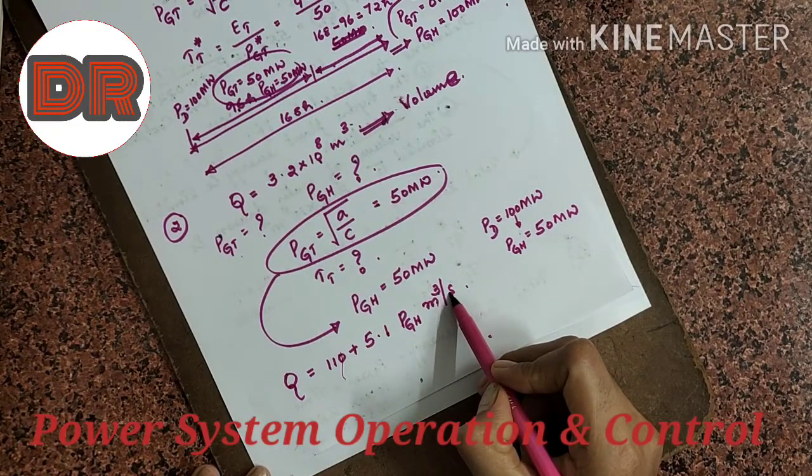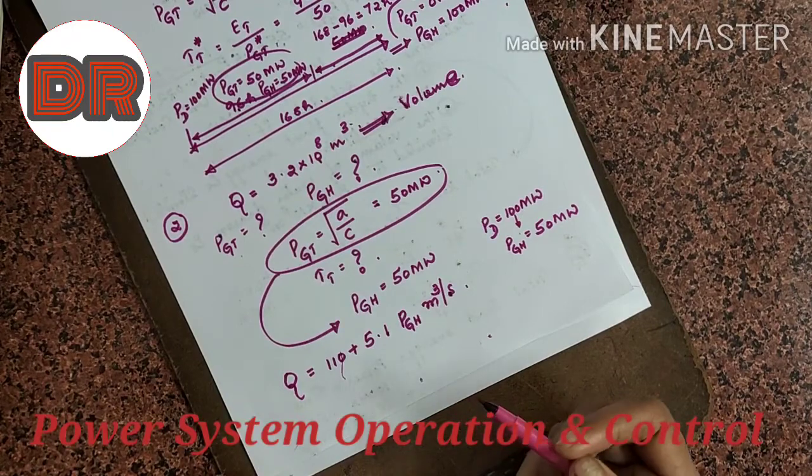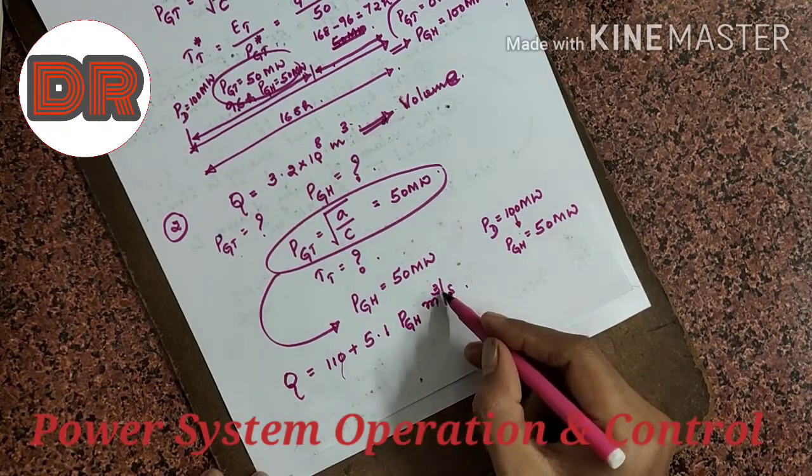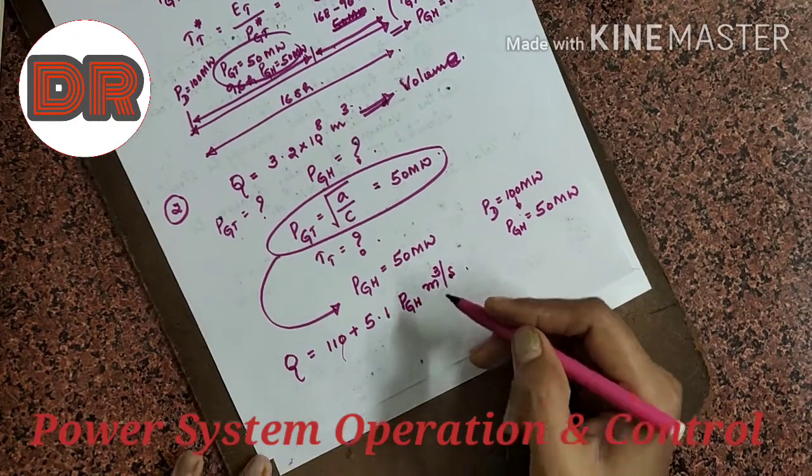So we have to convert this to appropriate units while considering the given condition. So let us first convert this into meter cube per hour, then later on we can convert it into meter cube.